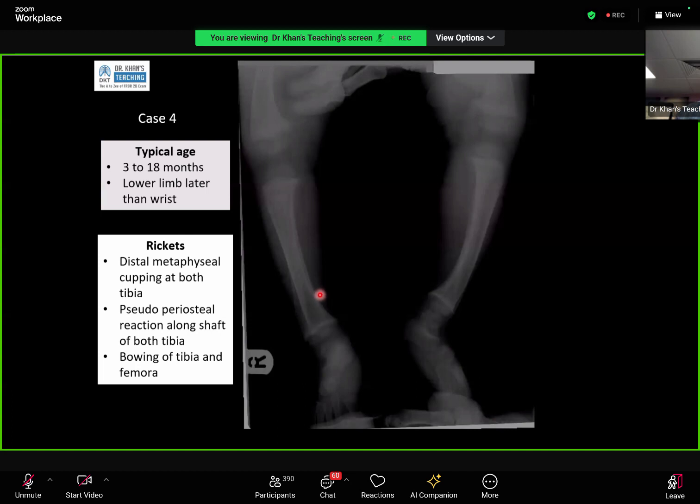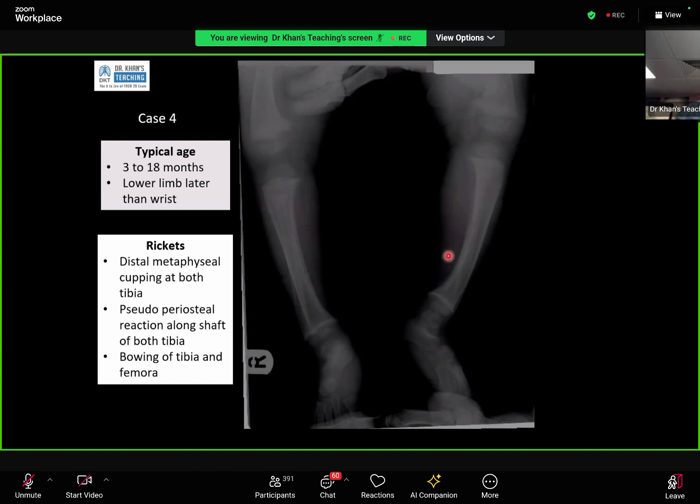So what happens in rickets is that this new bone, which we call osteoid, is deficient of calcium, and it appears loosened. So the periosteum is high density and the new bone formation is low density, and it can give you a pseudo periosteal reaction. It is a pseudo finding. And please remember, you will not see it in each and every case of rickets.